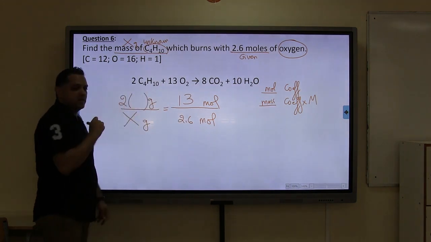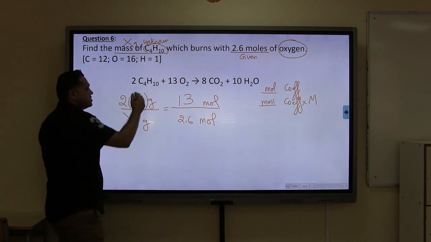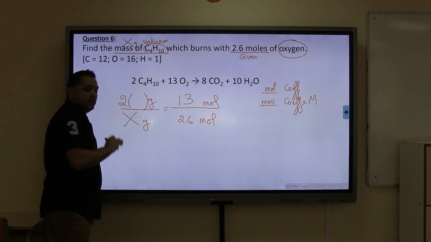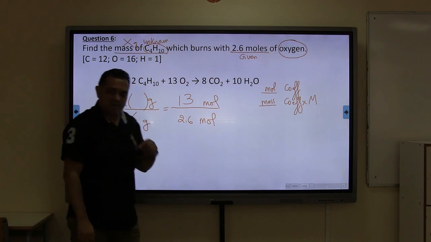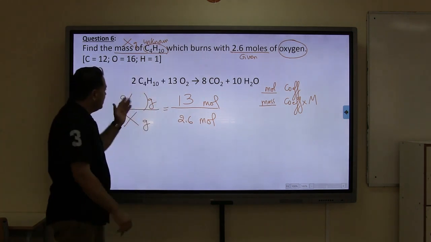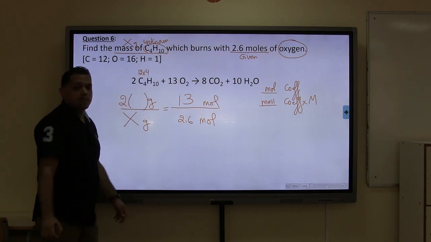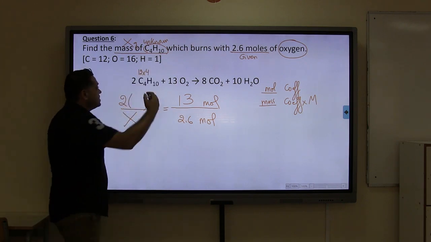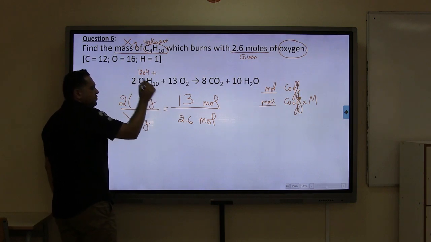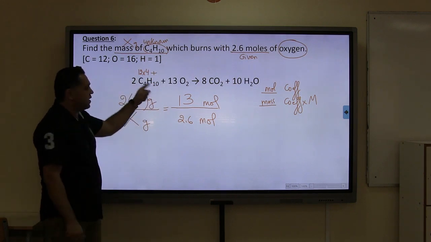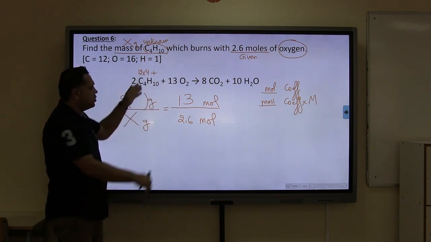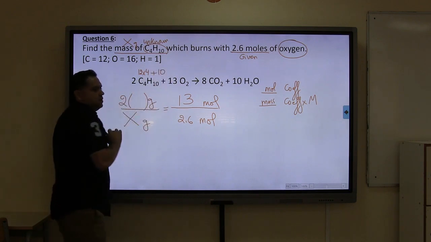And what will be the molar mass here? I can get the molar mass. C4H10, it's the sum of the masses of all the elements. So C4H10, 12 times 4, this is the mass for the C4. I have 10 hydrogens, plus 10 times 1, which is 10. Okay?